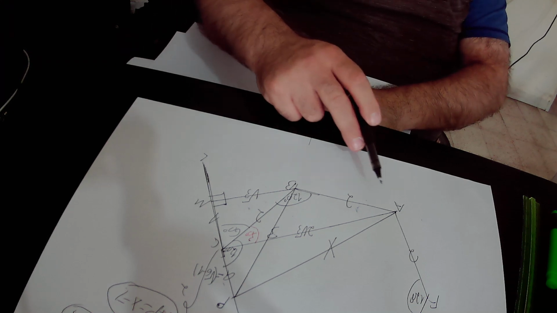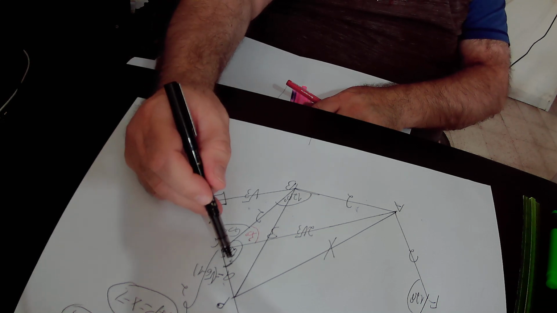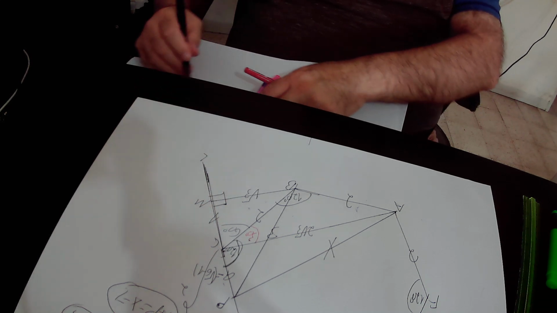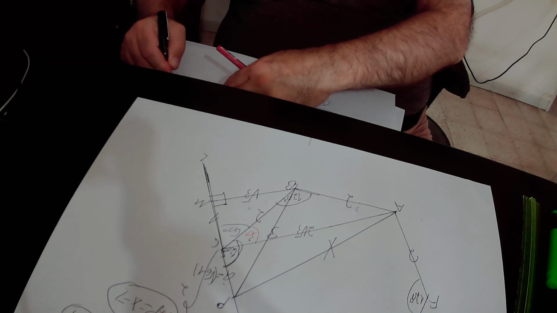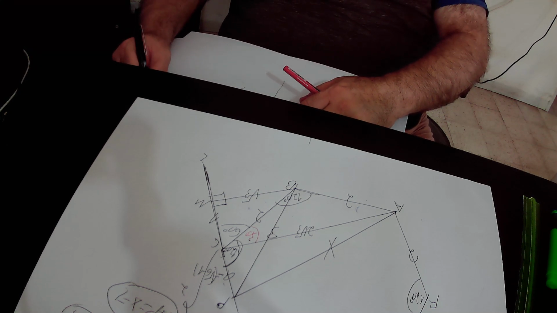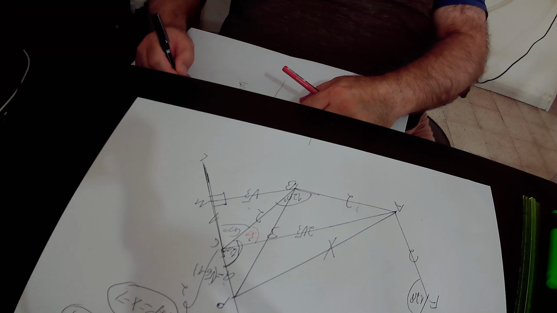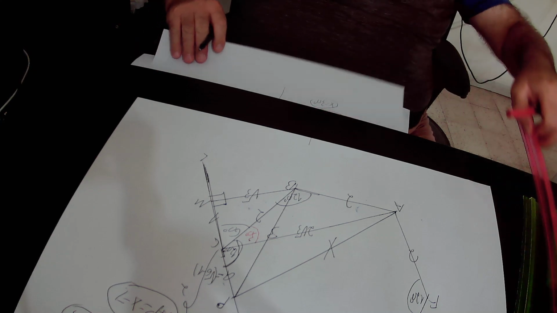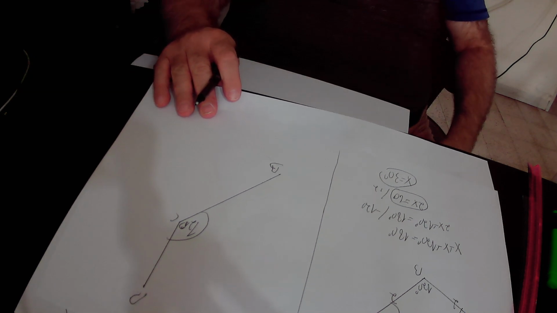So we know that the big angle PCB, this angle, equals 120 degrees. So I'll copy this angle PCB. This is angle PCB that is equal to 120 degrees.